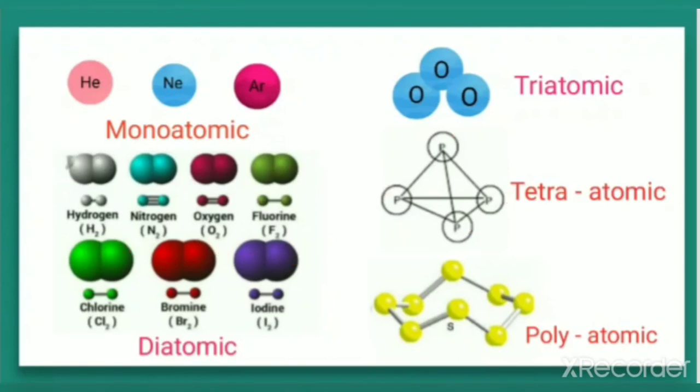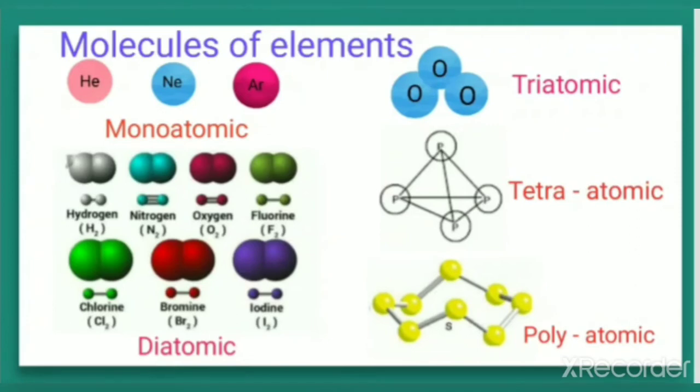So what can we call this type of molecule? We can call them molecules of elements. So what is a molecule of an element? The molecule which is made up of combining atoms of the same element is called a molecule of an element.